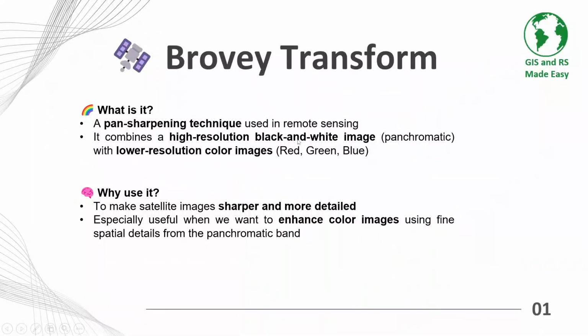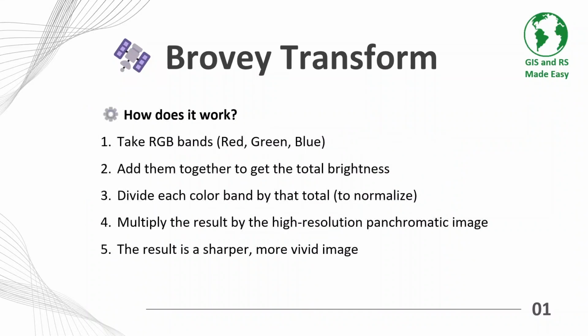It combines a high resolution black and white image, which is panchromatic, and a lower resolution color image, that is RGB. Why do we use the Brovey Transform method? To make satellite images sharper and more detailed, especially useful when we want to enhance color images using special details from panchromatic bands.